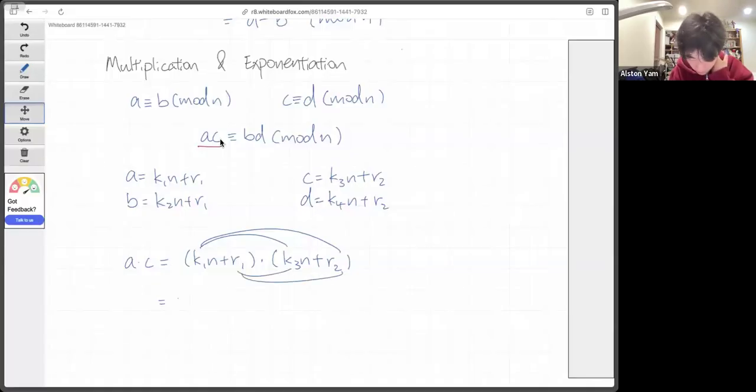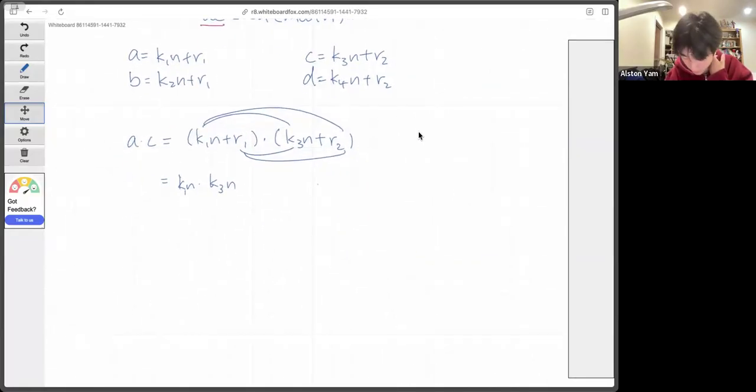So we have K1n times K3n, plus K1n times R2, plus K3n times R1, plus R1 times R2.